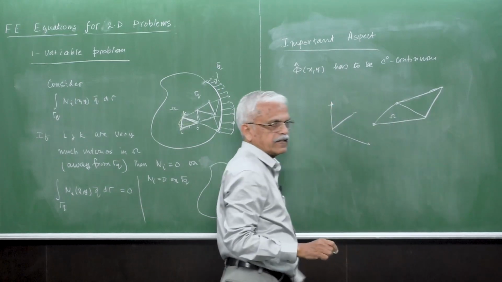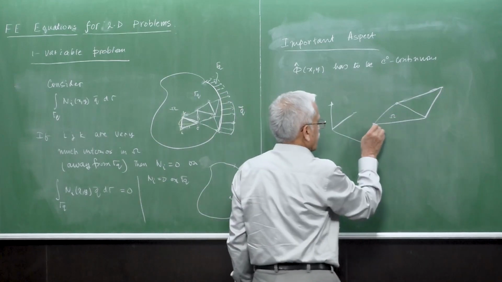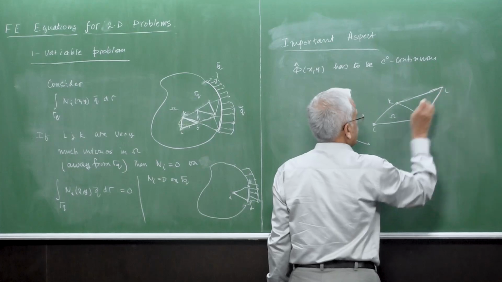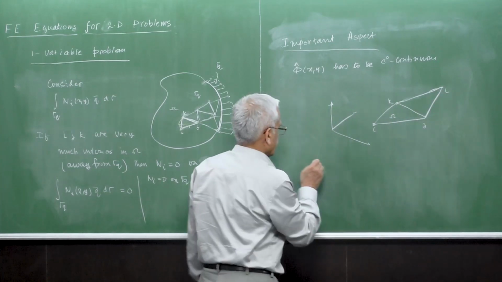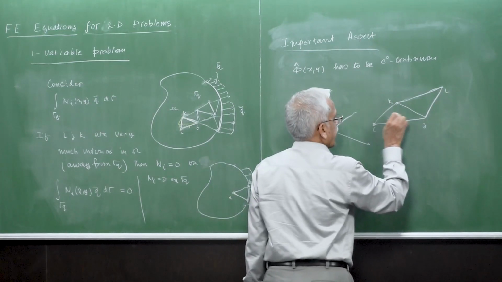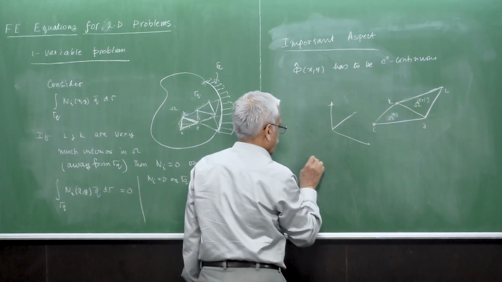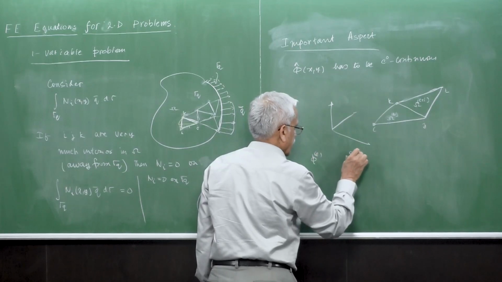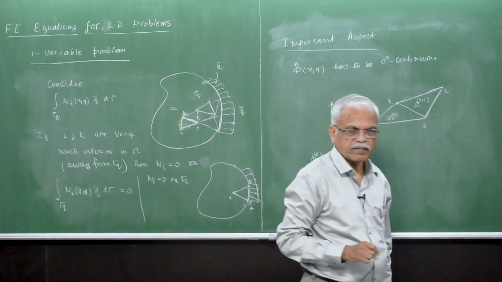So for example, this phi e is defined on this element, and there is another phi e defined on this jkl. So let us say sigma e and sigma e plus 1. So this phi e and phi e plus 1 are defined separately for each element.